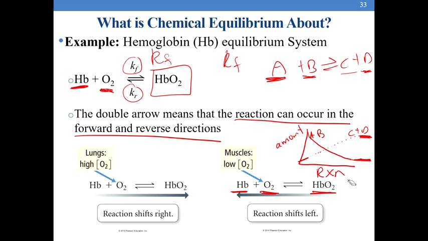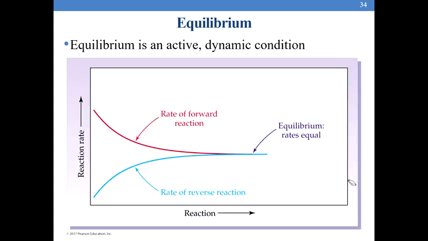You need to be familiar with looking at graphs, and don't be scared of looking at the graph. Just read the axes and be like, okay, what am I trying to learn here, okay? Equilibrium is always going on. We're always having forward, reverse, okay? And maybe there's not really any change going on because A, B, C, and D are all constant, but it is a dynamic condition.